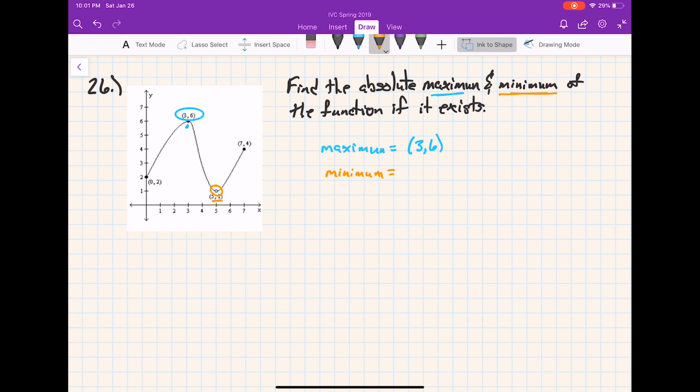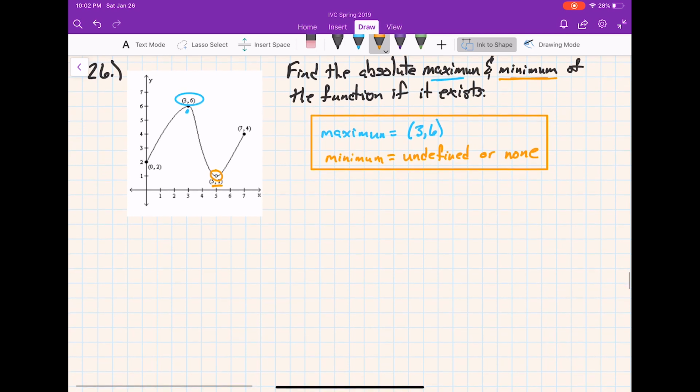There's a gap there. And so our minimum is really kind of undefined, or none. So that's what I'm going to put for the answer on this one. And then we'll get down to number 27.